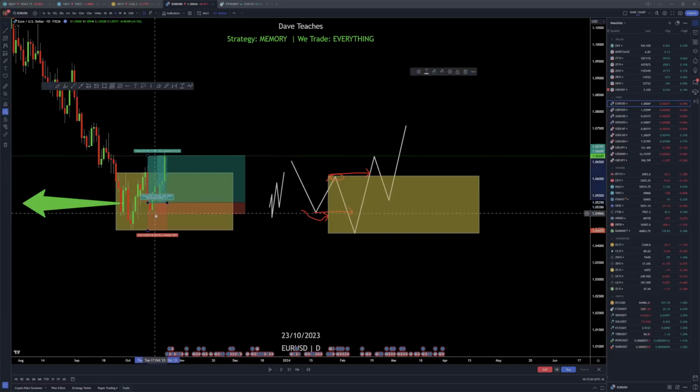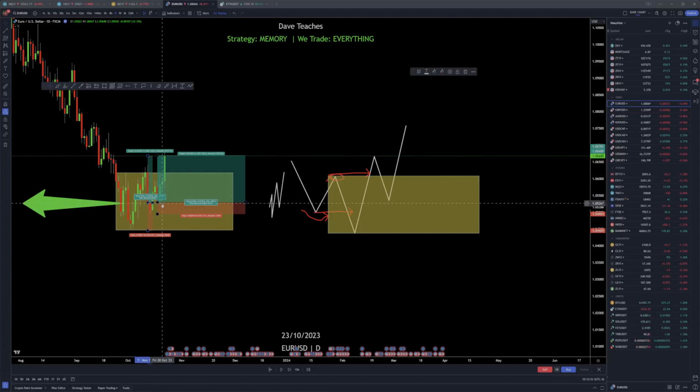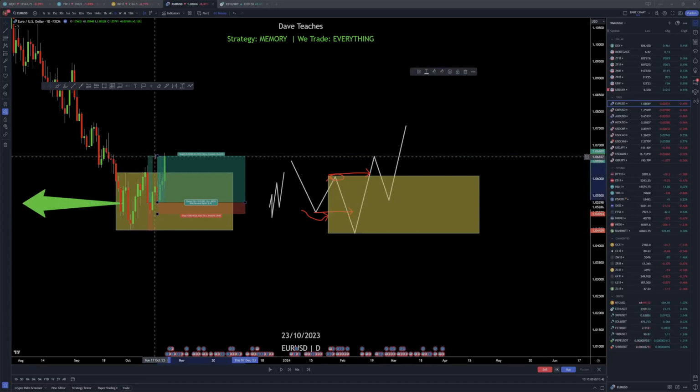So if you look here, this is about 82 pips you're risking, versus here, if you just waited for that flip that occurred within that zone, what do you end up getting? 34 pips. So you're able to reduce the amount of risk and still be able to have the same reward. Well, even more, just the same target.